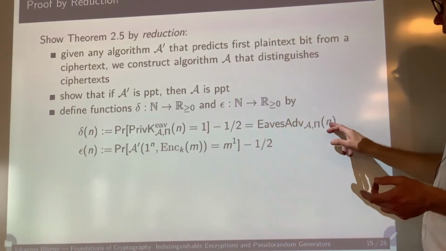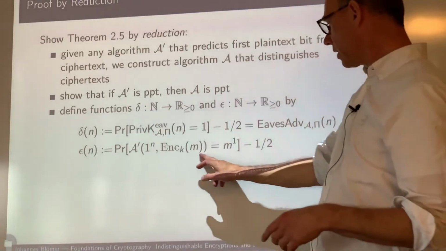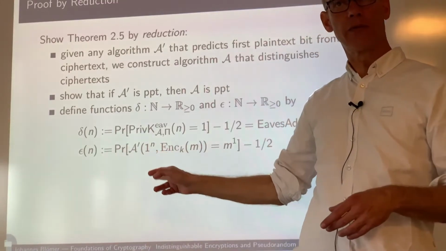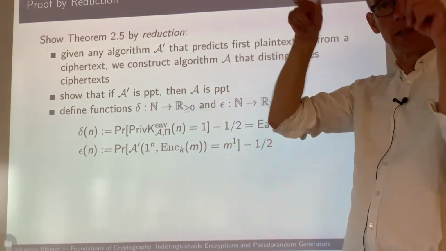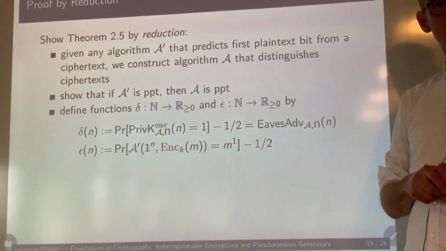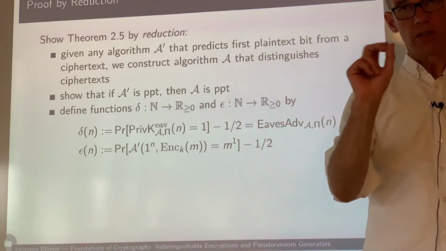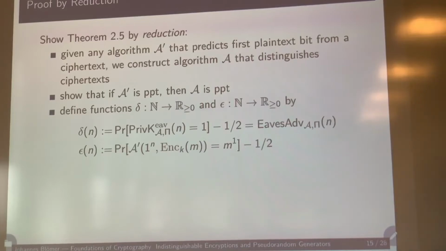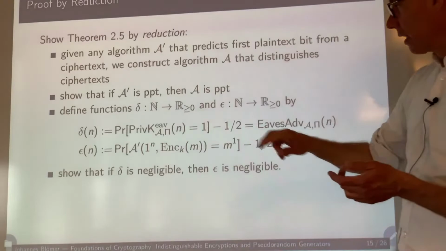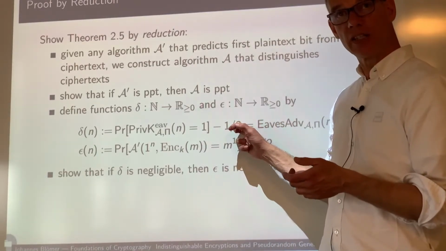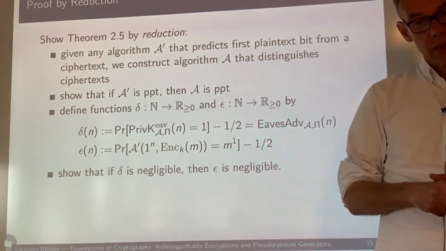One is the eavesdropping advantage of A against pi in the eavesdropping game, and the other is the advantage of A prime in predicting the first plaintext bit. And recall that I don't use the absolute values. Okay? Yeah? So I define these functions that are the two advantages. And then we show that if this advantage function is negligible, then this function is also negligible. Okay?